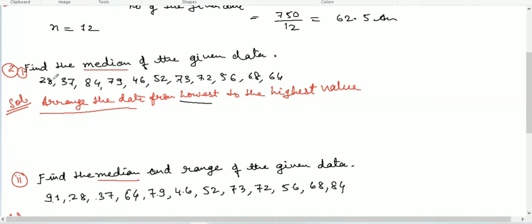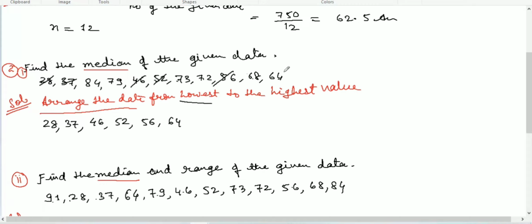So the first lowest data is here, we can see 28. Just write it down and cancel it out one by one. So 28, then the second data is 37 here, and then the third one is 46. Fourth is 52. Then we have 56, cancel it out, 56 here. And then 64.